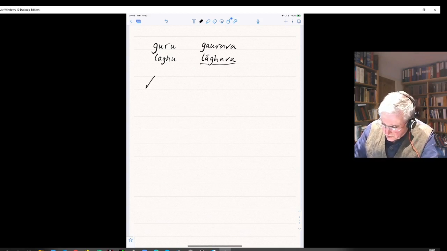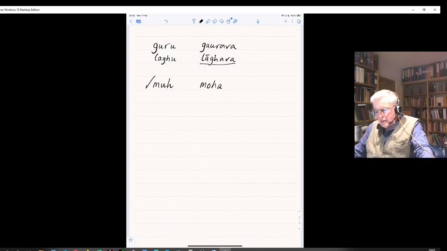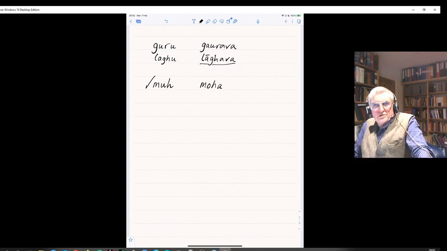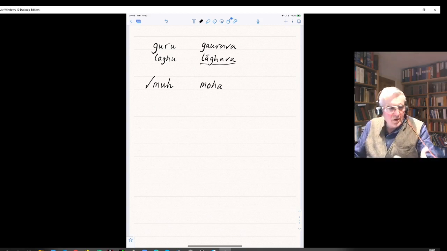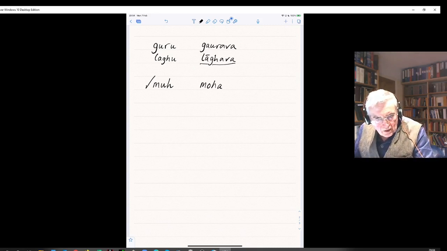Mudhatvam. This is a word really from the root that we all know as Buddhists, it's muh, and it makes its verbal noun in moha. Muh means to be deluded about something, basically not to understand it properly.